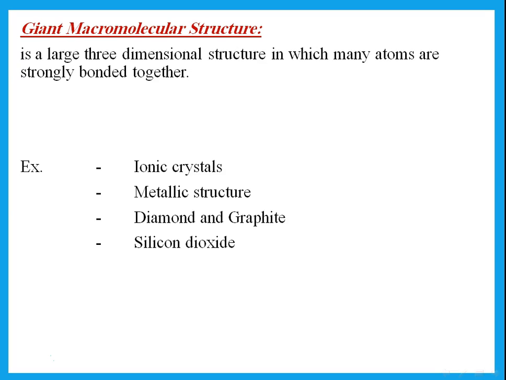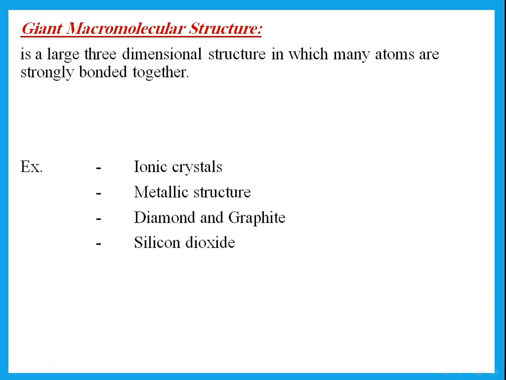Okay. But other substances have giant structures, and the word giant means macromolecular. So if the question asks what is meant by macromolecular, it means a giant structure, a large three-dimensional structure in which many atoms are strongly bonded together. Then we call that a giant macromolecular structure. So which ones are we going to study that are macromolecular or giant? Ionic crystals, we've already talked about that.